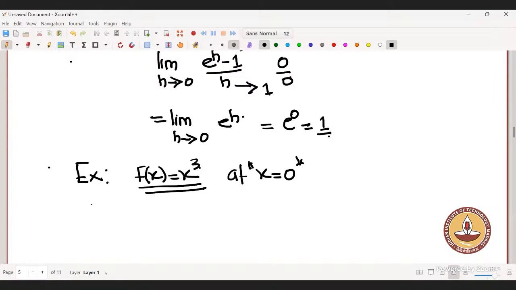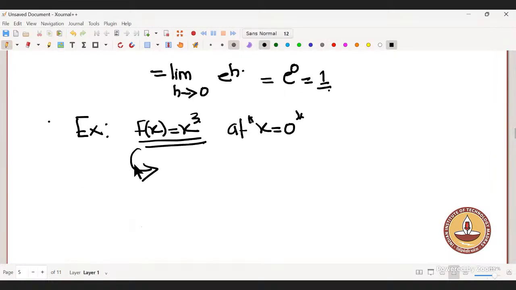Yes. Take the inverse of this function and check the differentiability of that function. Got it. Yeah, I will check, sir.